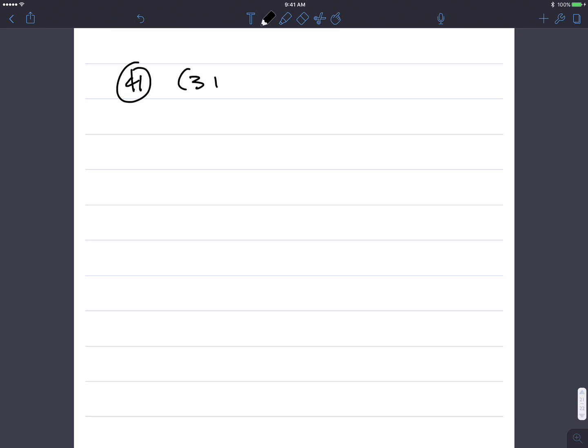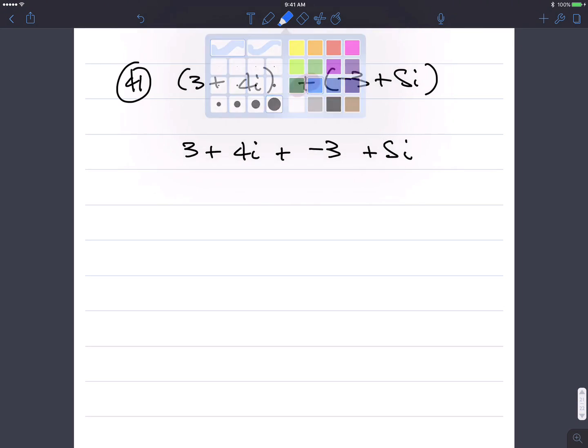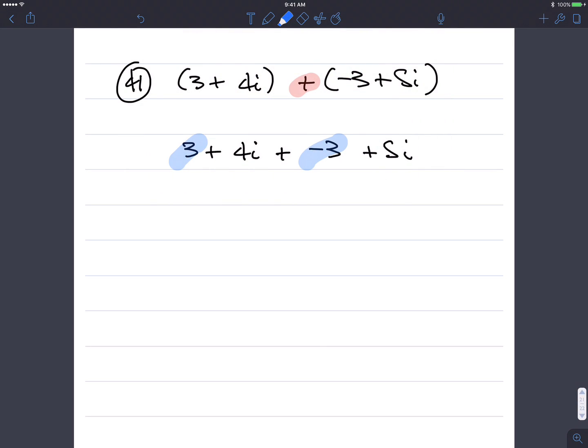41. 3 plus 4I plus -3 plus 5I. Your operation here is addition, so we can just drop the parentheses, and we have 3 plus 4I plus a -3 plus a 5I. If we identify the terms that are like, we have 3 and -3, 4I and 5I.